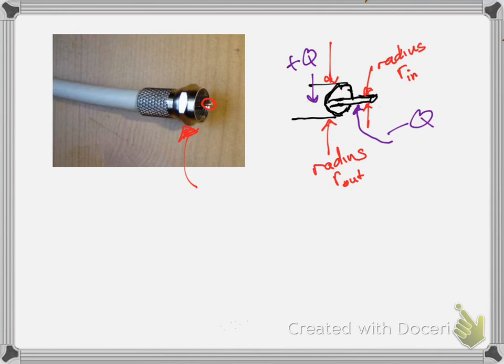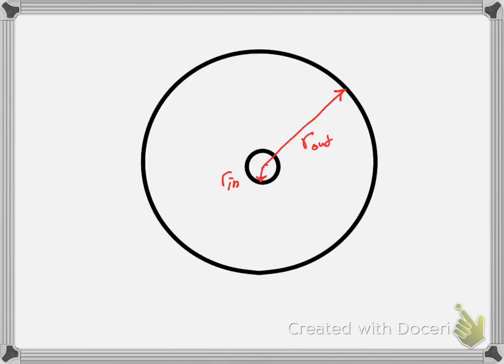And when I say the radius r out, that's the radius to the inner part of the outer conductor, because that's where the charge is going to reside, right? The charge, according to Gauss's law, is all going to reside on the outside of the inner conductor and the inside of the outer conductor, minus Q and plus Q.